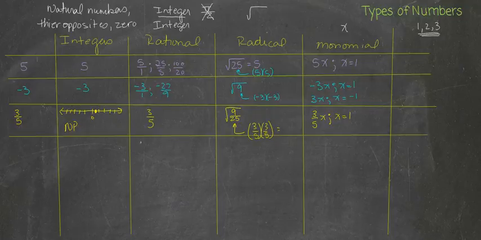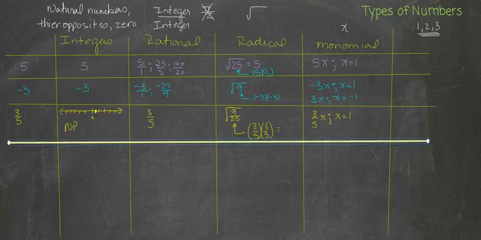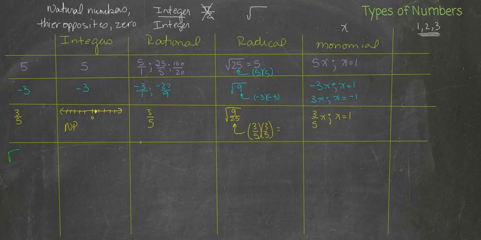So let's look at a radical, and I'm going to look kind of at a tough radical. I'm going to show you an easy one first, and then I'll show you a tougher one. So if I were to say the square root of 9, well, the square root of 9 equals 3, so it's definitely an integer. If the square root of 9 has a value of 3, then I could certainly write 3 over 1, right?